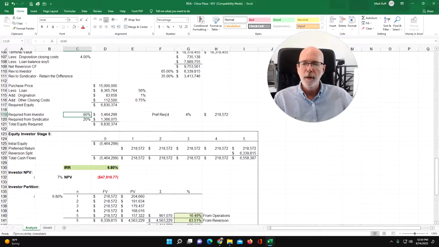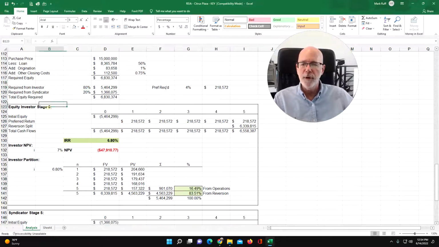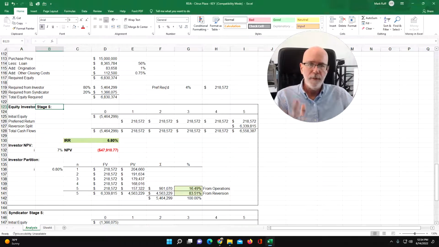So therefore, we then have the equity investor. Don't worry about this thing called the stage 5. When I was in the MRED program at USC, we learned a variety of different spreadsheets. We call them stage 1 to stage 5. Stage 1 is basically our first year metrics.